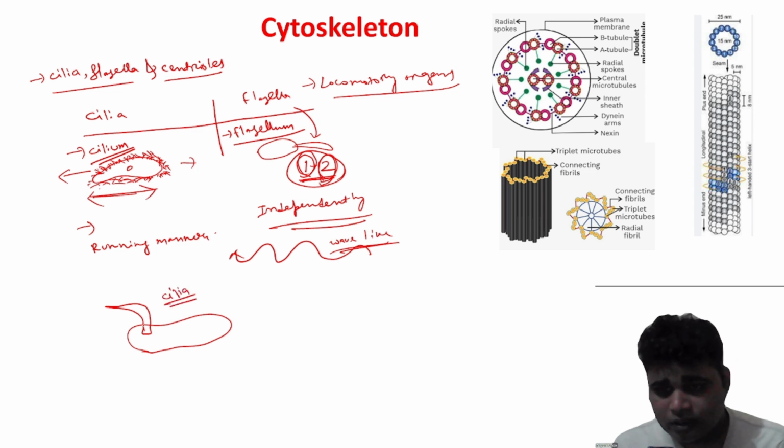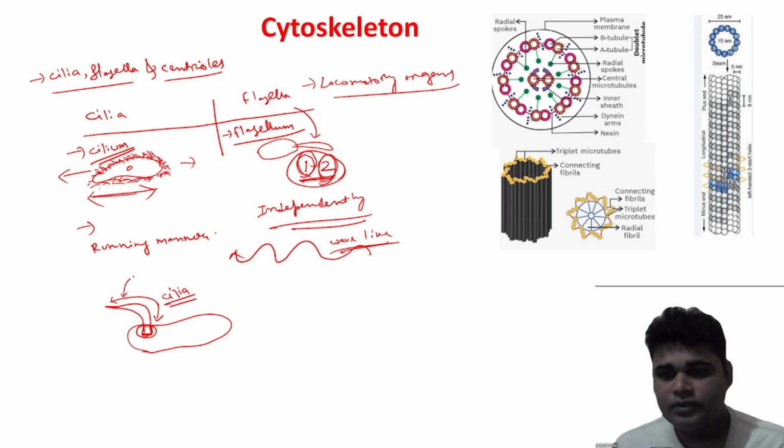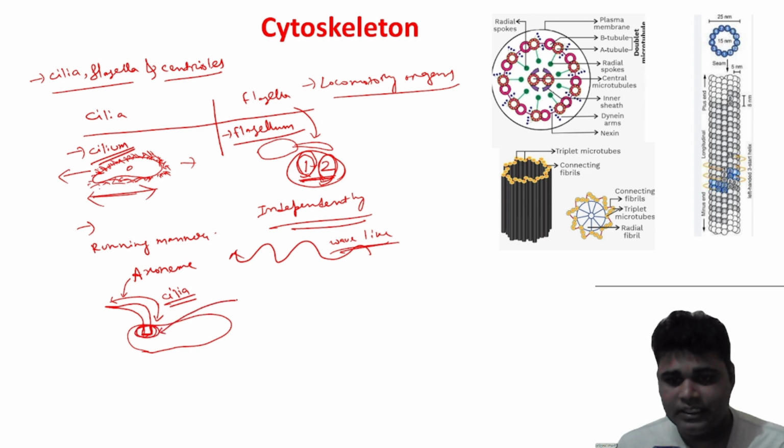Some part of the cilia is protruded in the cytoplasm, and some is present outside. The outside part of the cilia is called the axoneme. This is very important, axoneme. The part which is present inside the cytoplasm or inside the body is called the basal body.